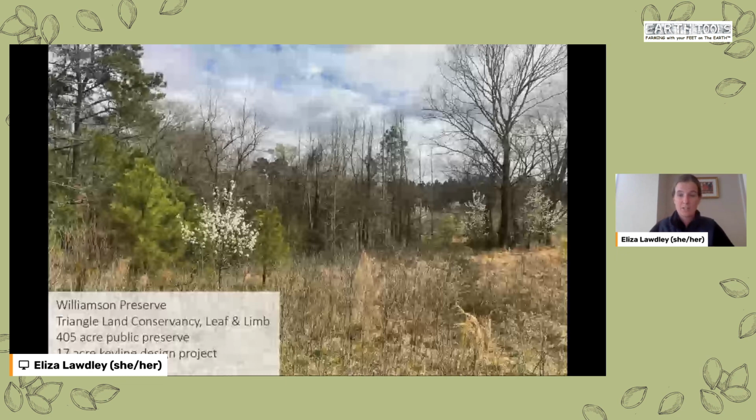So the Keyline design project was meant to slow and spread and sink water in this particular pasture. It was also meant to benefit wildlife, to mitigate erosion, to improve water quality, but also to be an educational tool to all of these visitors that came through the site to learn more about this method of Keyline design.